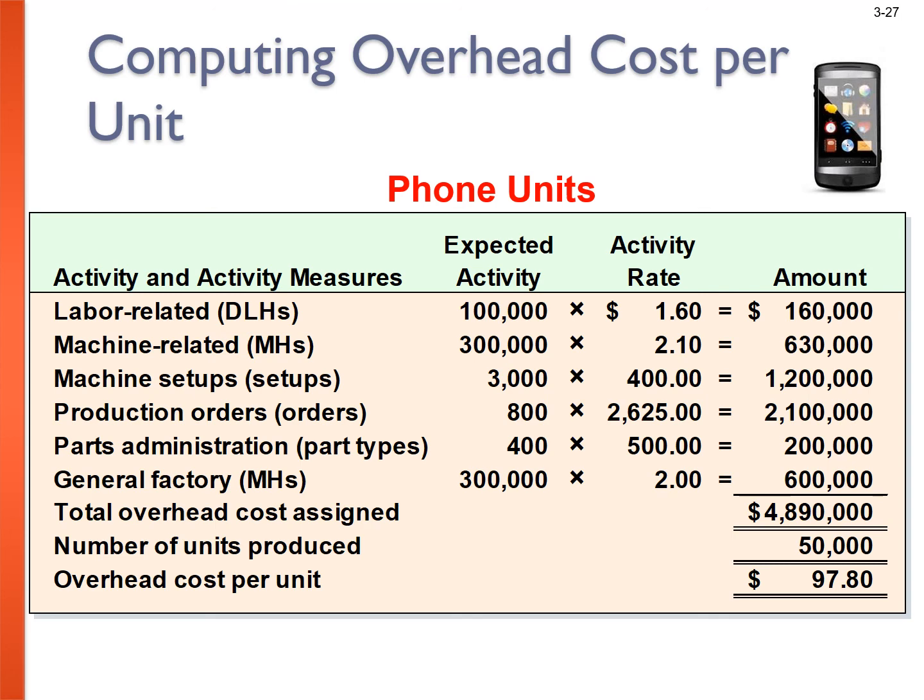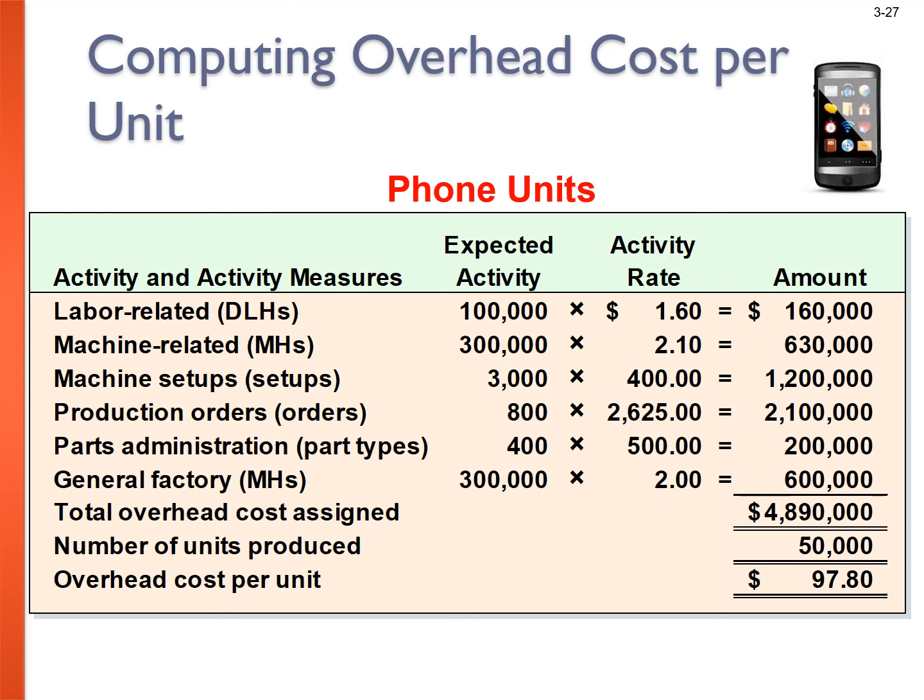We expect to use it for 300,000 hours, machine hours. The rate is $2.10, as we just determined, so the overhead associated with the machine hours is 630,000. Machine setups. We're expected to set up the machine 3,000 times related to phone units being produced. That's charged at $400 per setup, or $1.2 million of the overhead is allocated to the phones in that activity.